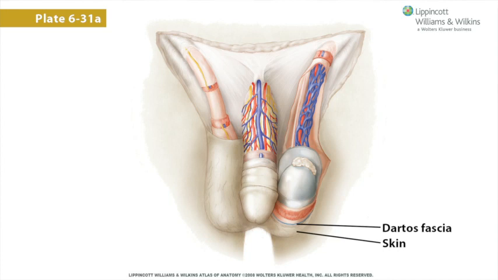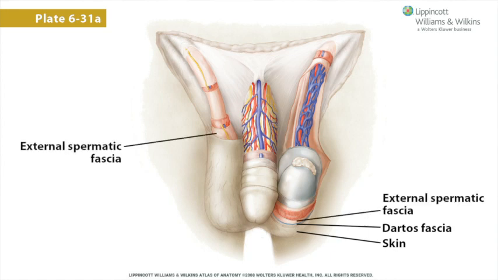As mentioned previously, as the testes and processus vaginalis descend into the scrotum, they drag the vessels and ducts of the testes and extensions of the components of the abdominal wall with them. The extension of the external abdominal oblique in the scrotum is called the external spermatic fascia.